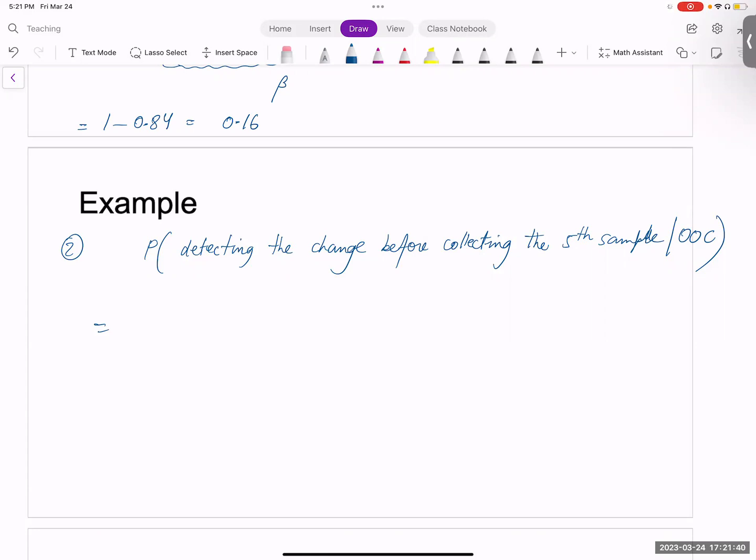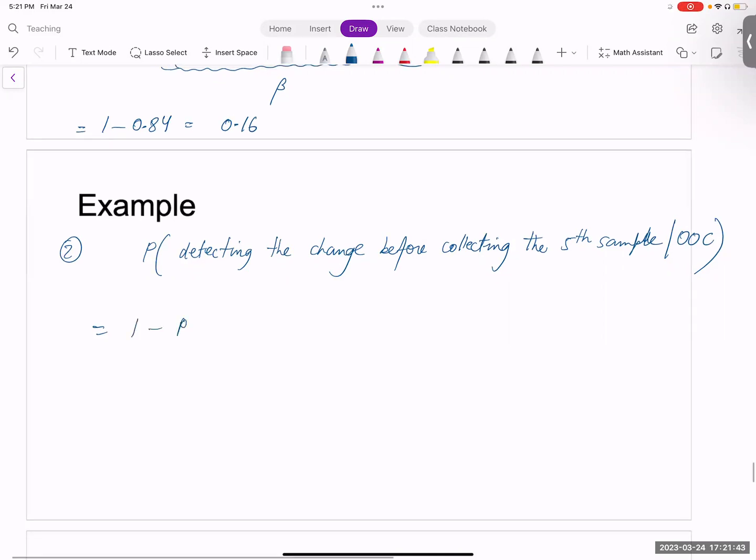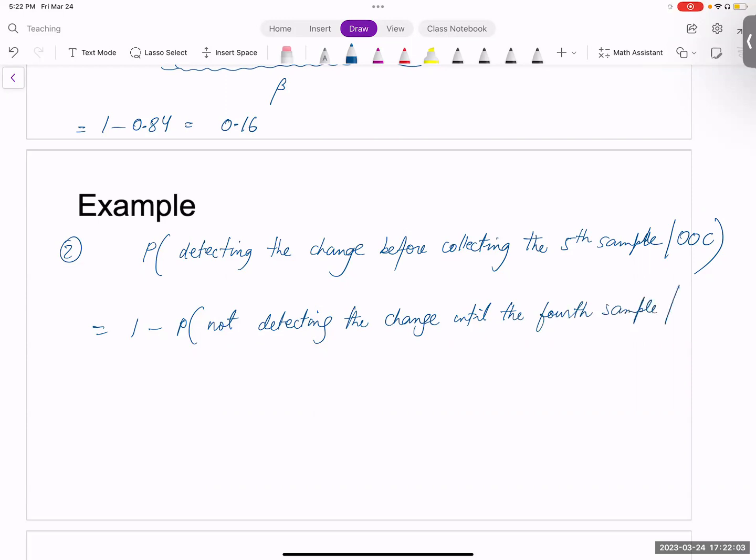So I'm going to avoid all the complexity and just say 1 minus the probability of not detecting the shift or the change until the fourth sample, given OOC. Now I can say that if the shift is not detected until the fourth sample, that basically means that the shift was not detected by the first one, it was not detected by the second one, it was not detected by the third one, it was not detected by the fourth one.